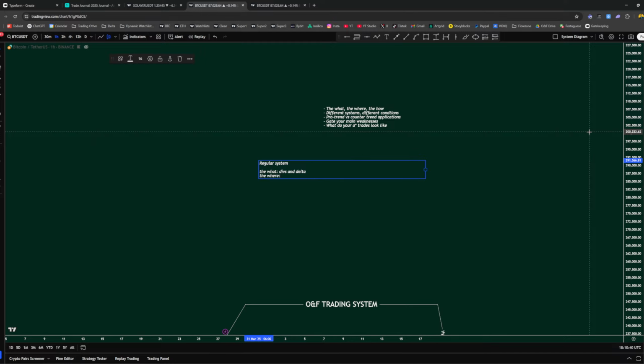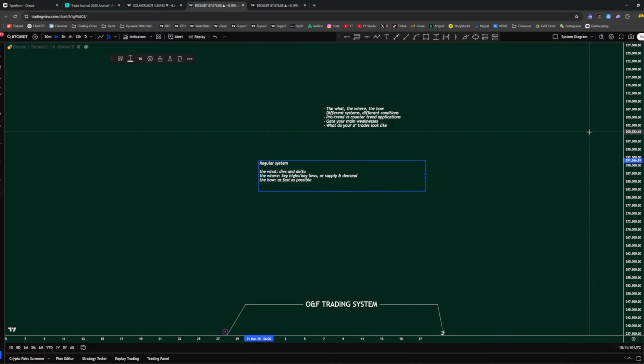The where: key highs, key lows, or supply and demand. The how: as fast as possible. I want to see sharp, inefficient moves into these zones or levels, right, in the regular system.